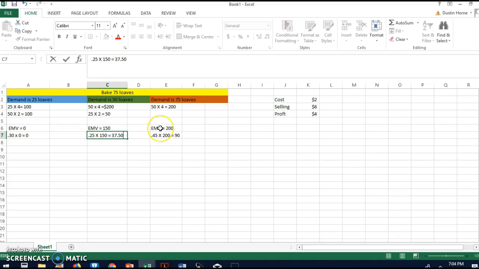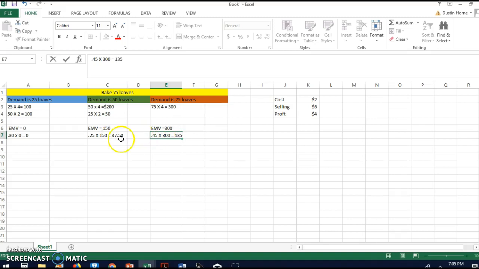And then on the last one, the demand is 75 loaves, and we baked 75 loaves. So we will sell all 75, and 75 times 4 is 300. So the expected monetary value here is 300, and 0.45 times 300 would be 135.